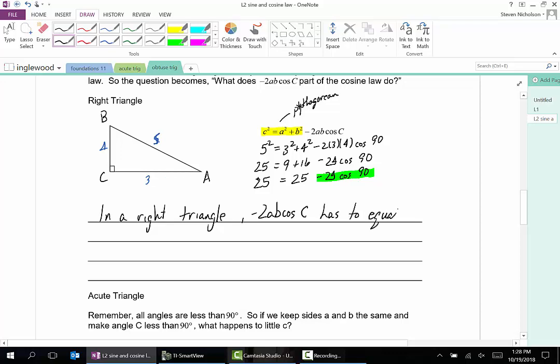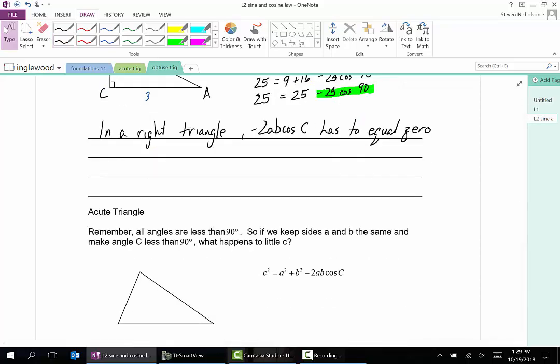It has to, because the Pythagorean theorem works by itself. We don't need that extra stuff.